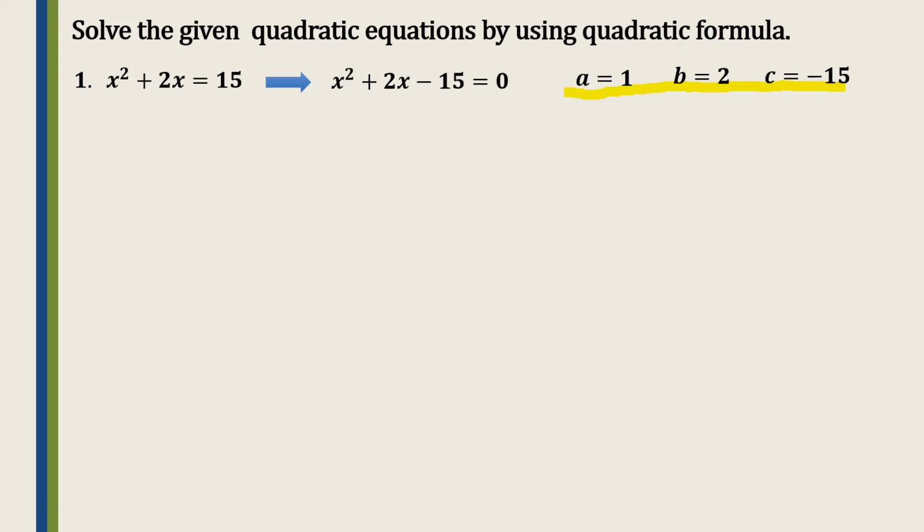Ano nga ulit ang ating quadratic formula? Okay, we have this formula. X equals negative b plus minus the square root of b squared minus 4ac all over 2a.